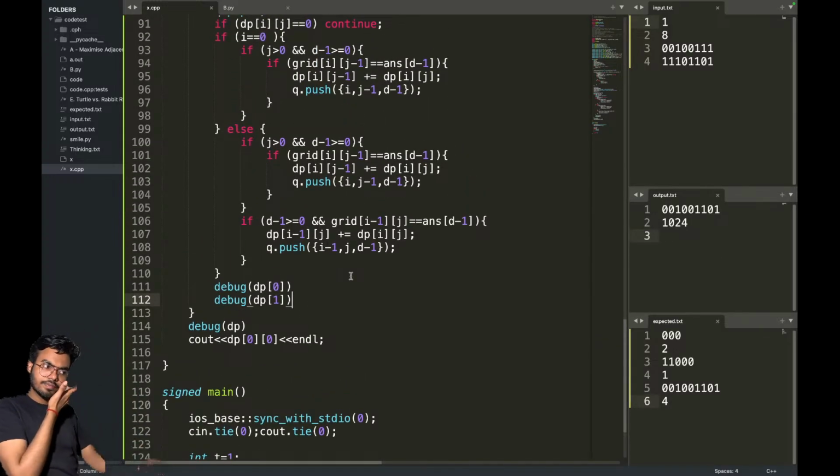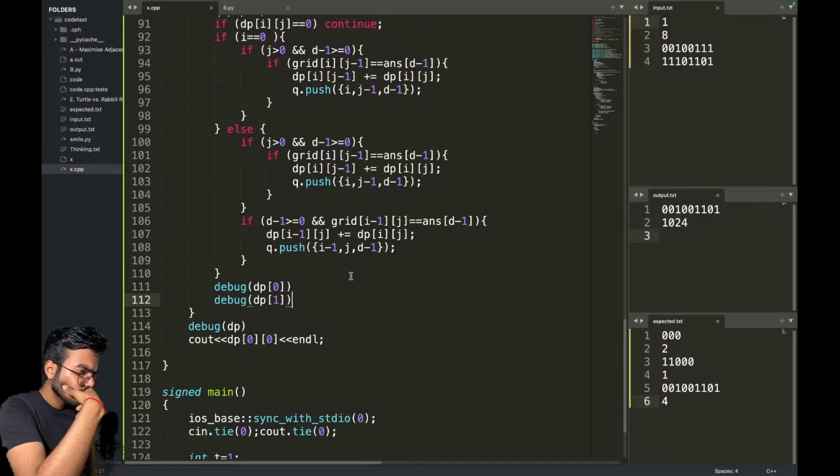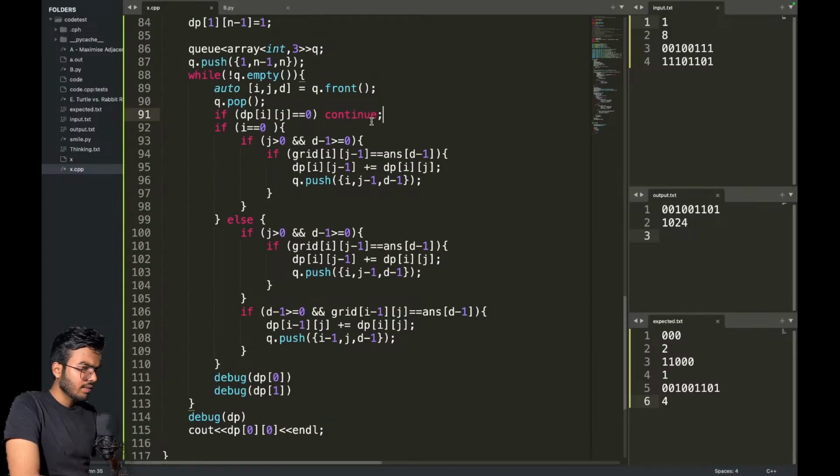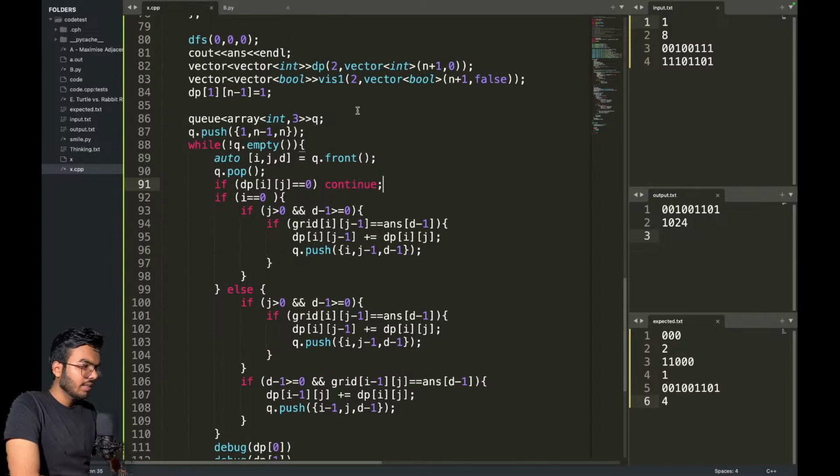Okay. I minus 1, j is same. I wanted to do a DFS traversal, but yeah, this is correct. Okay, let's actually keep the visited array.